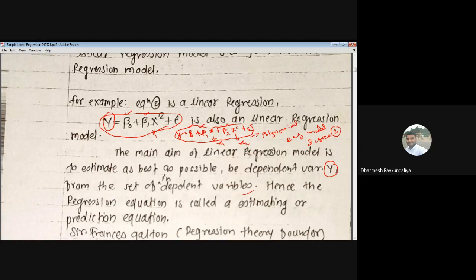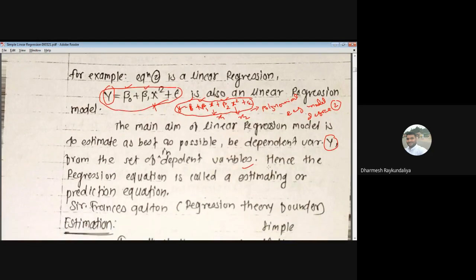Okay, and the regression equation is also called the estimating equation or prediction equation, because our aim is that we wish to know the value of y. We wish to predict the value of y based on the independent variables x1, x2, ..., xk, and if we wish to estimate the models, then it is also known as the estimating equation.